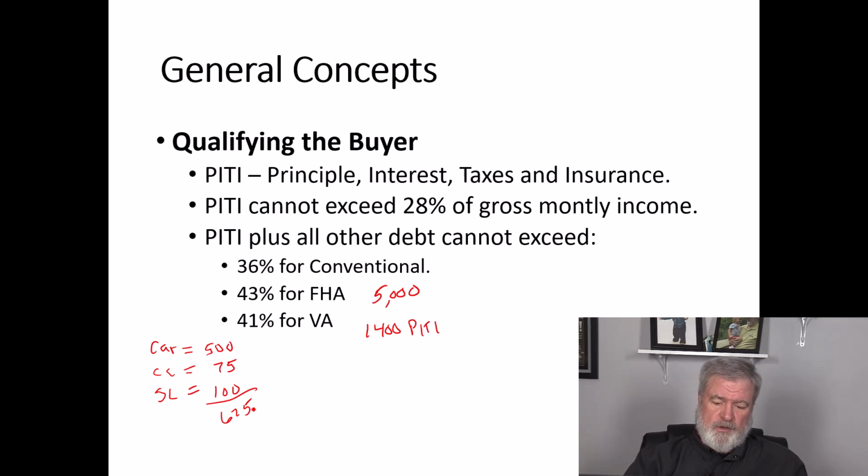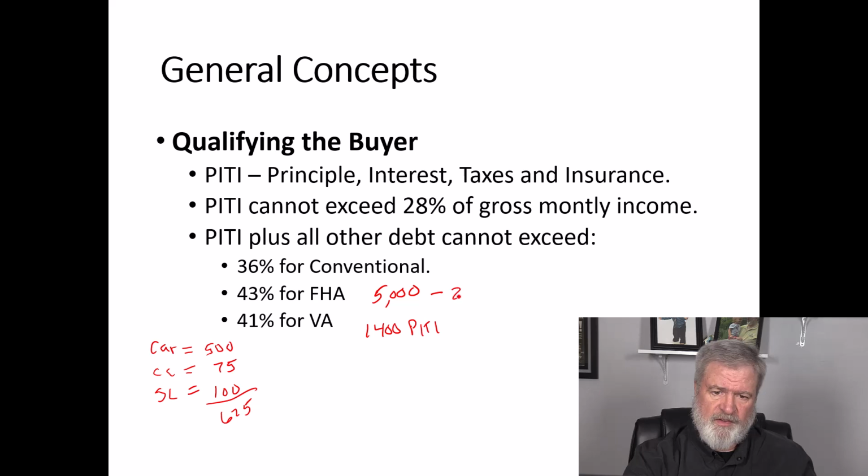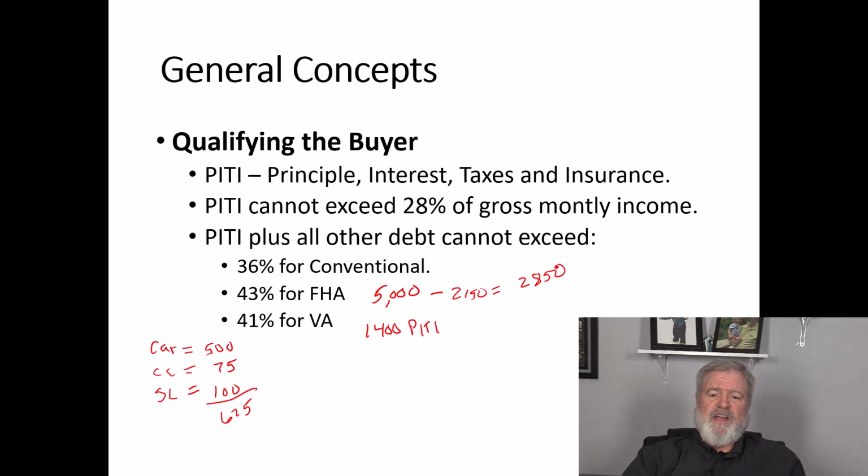So let me just write that down. If I take the 5,000 minus 2,150, what does that give me? 5,000 minus 2,150 is 2,850. That's what you've got left over at the end of the month.